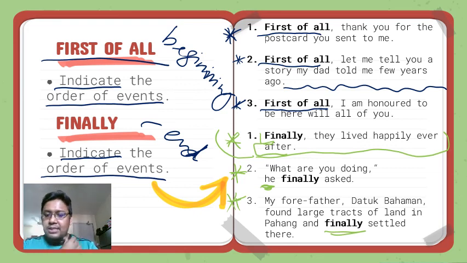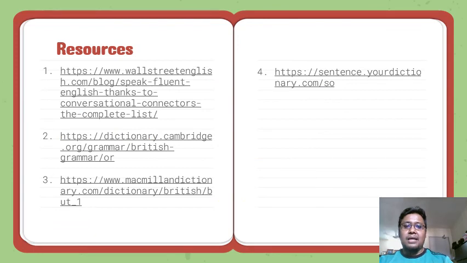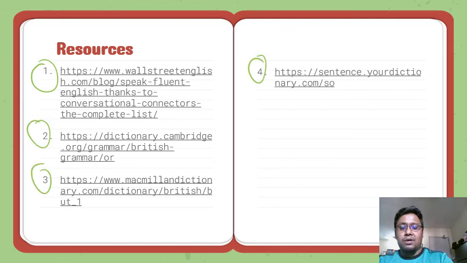So this is how we do it, we write in order to use first of all and finally. These are the resources that I use to complete my task here. This is number 1, number 2, number 3, number 4.